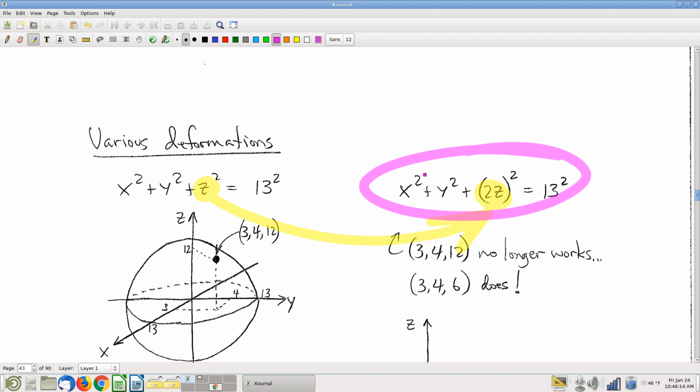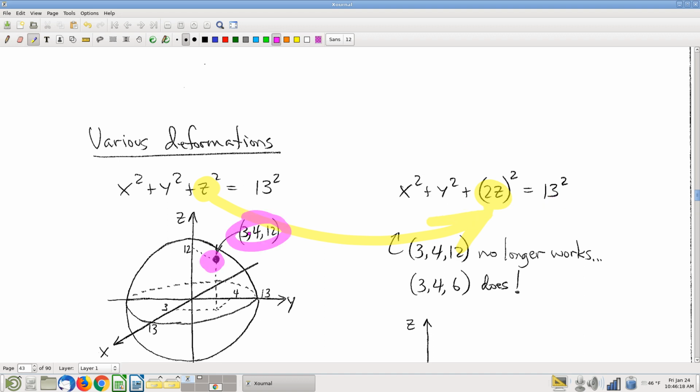Okay. Well, look, I make the innocent observation that this point here, that works in that equation, well, it sort of obviously doesn't work in that equation. Well, of course it doesn't. But now let's try to break it down. Why does it not work? Well, it doesn't work because of that 2 that messes it all up.